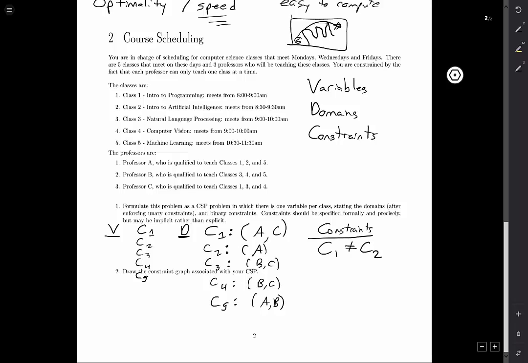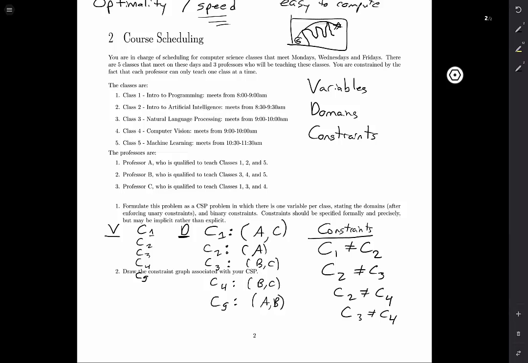Now looking at class 2 and class 3, they also overlap for 30 minutes, so they can also not be equal. Also, class 2 and class 4 overlap for 30 minutes, so those cannot be equal. And we also have class 3 and class 4, which are at exactly the same time, so they can also not be equal. And we look at class 5, and class 5 is fine. It has no conflicts.